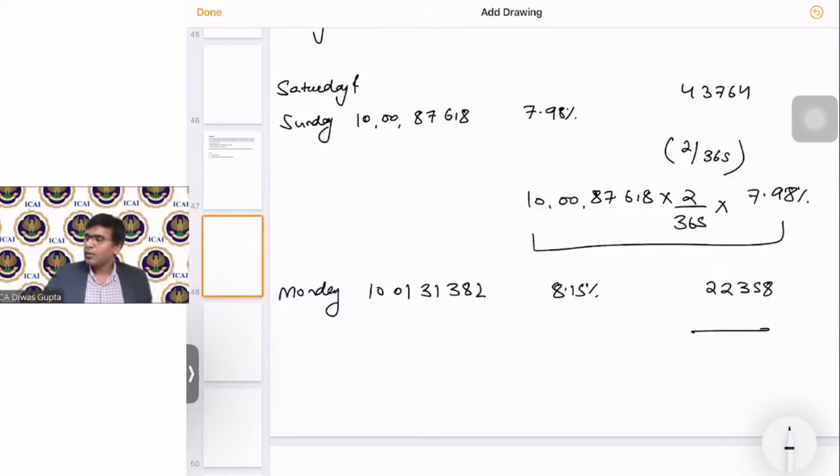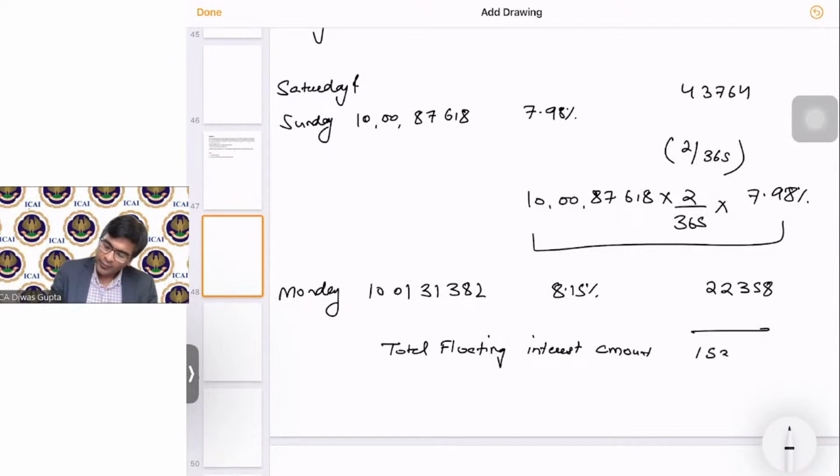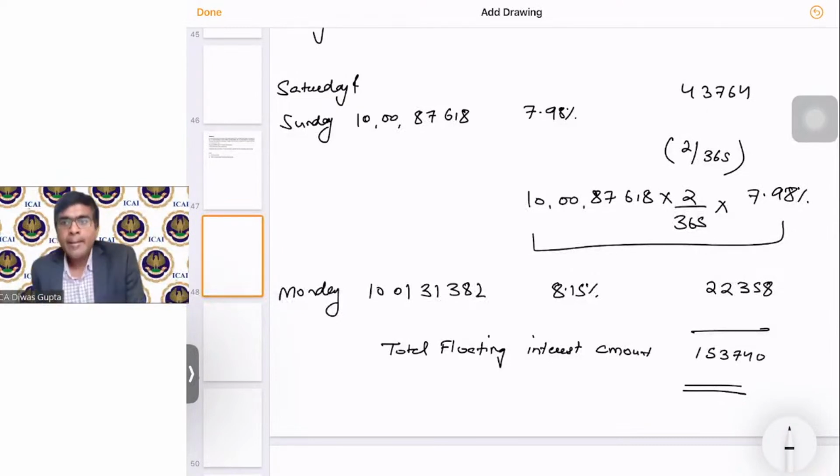So the total floating interest comes out to 153,740. Clear till now?